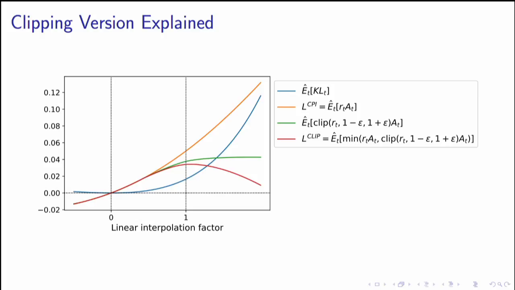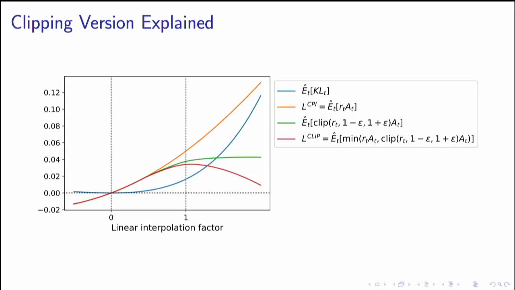Then we get this green curve, which levels off as you would expect, meaning that as you go too far, most of your probability ratios are getting clipped, so you're not seeing much improvement to the objective. But it does keep increasing. So especially if you use an algorithm like Adam, which is rescaling your gradients, you might still end up going out to infinity if you keep optimizing this green objective.